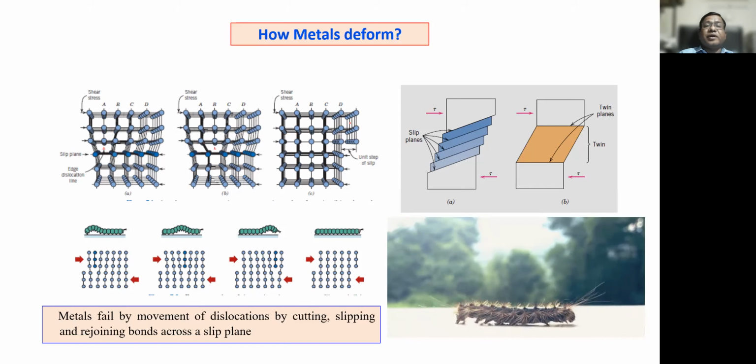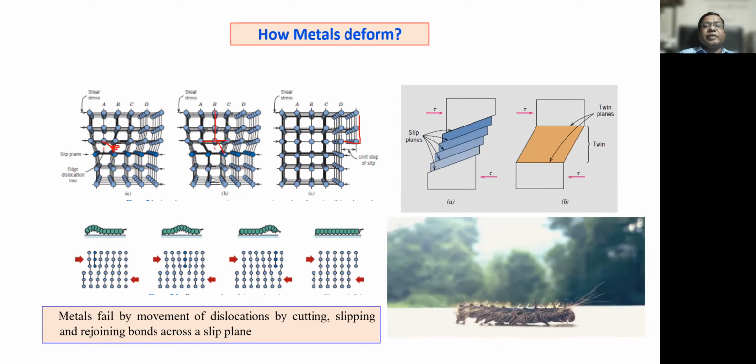All these atoms are not coming and making a step here. First this particular bond will break, and it will make a bond with this. So virtually this extra half plane has been migrated to the right side by one stage.